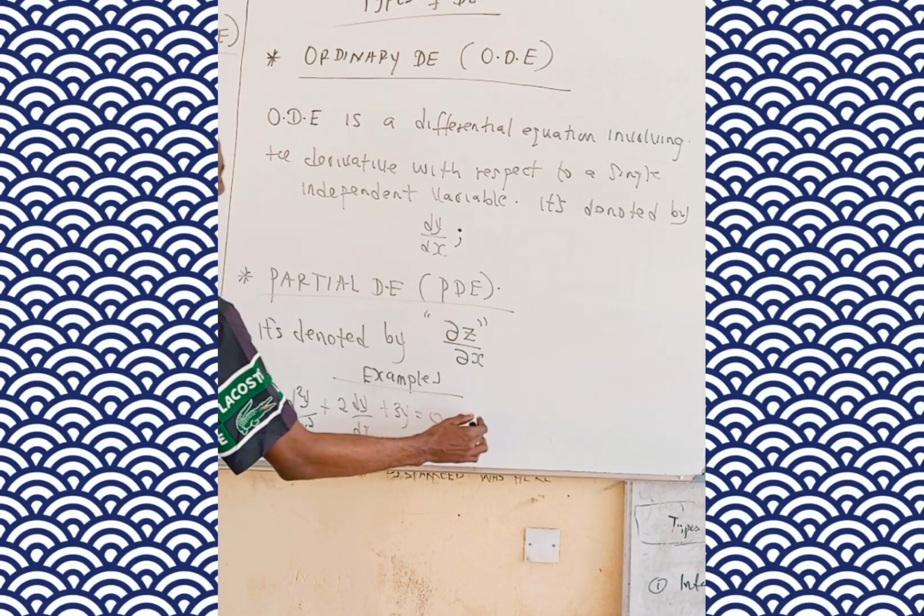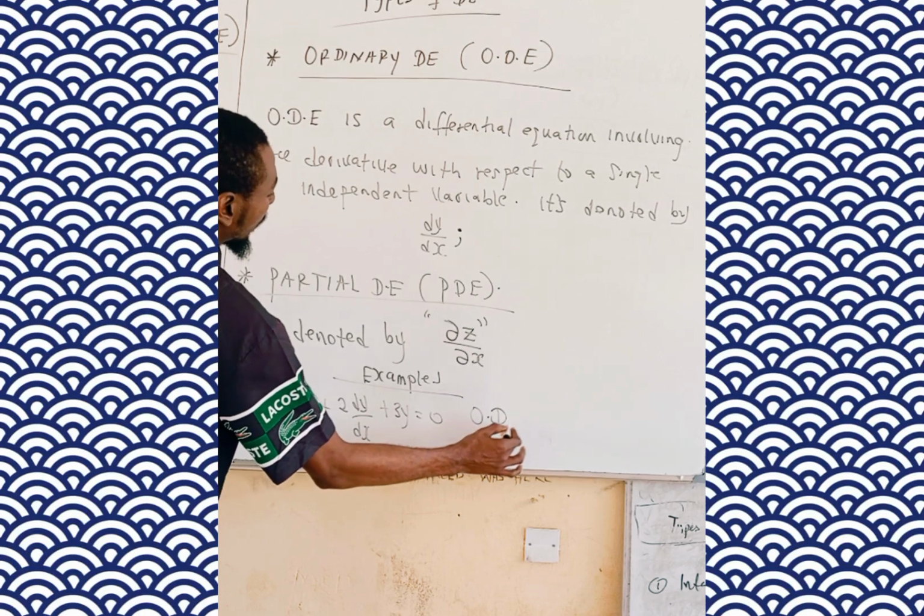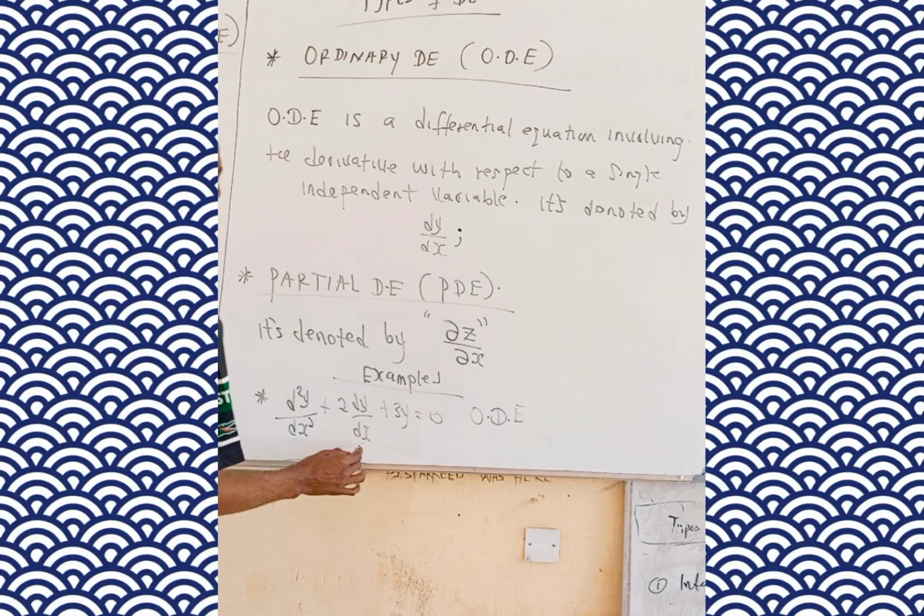This is an ordinary differential equation because the independent variable is just the same. This is x and this is also x.